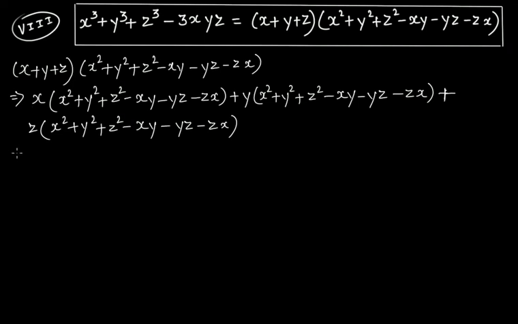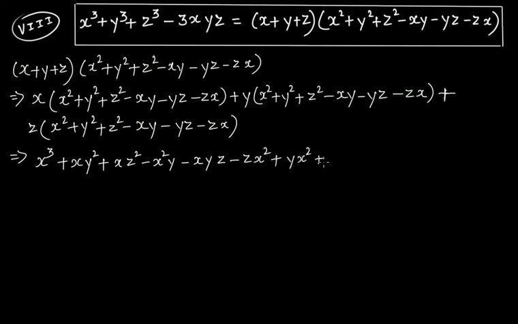Let's multiply it. So you get x cubed plus xy squared plus xz squared minus x squared y minus xyz minus zx squared. Then you have plus yx squared plus y cubed plus yz squared. You have minus xy squared.